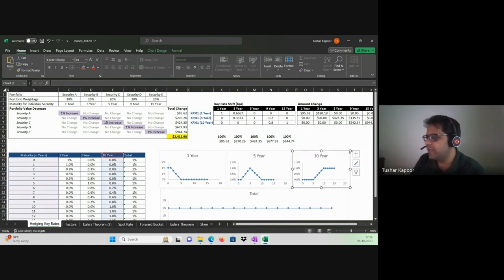So when it comes to 5 year, that is where we are saying that the total percentage change is going to be 1% in 1 year, in 5 year, and again in 15 year. So exactly, you can see this is 1%, this is 1%, and this is 1%.